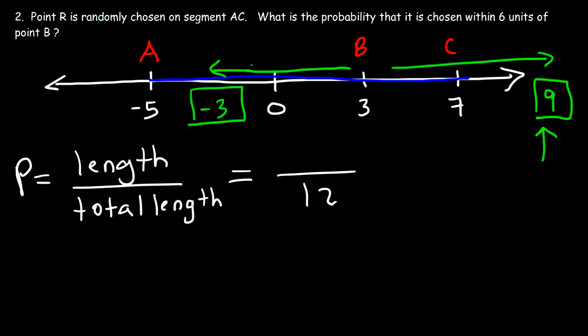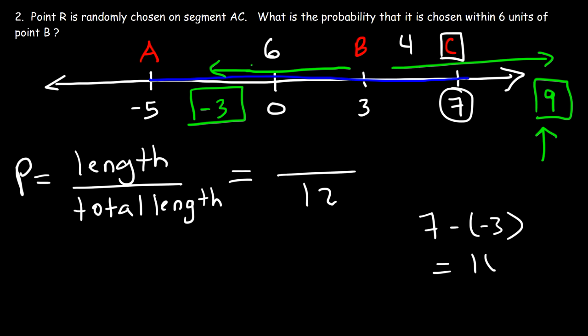So therefore, point R can only be 6 units to the left and only 4 units to the right, because it stops at point C. It's going to be chosen on segment AC. So we want it to be anywhere from position -3 to position 7. So 7 minus -3 is 10 units long.